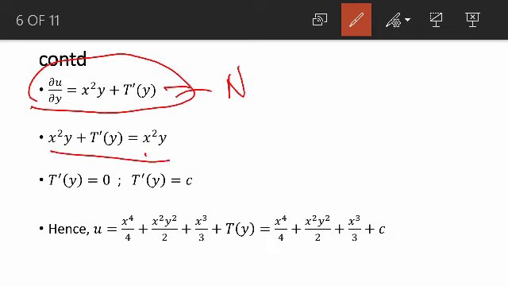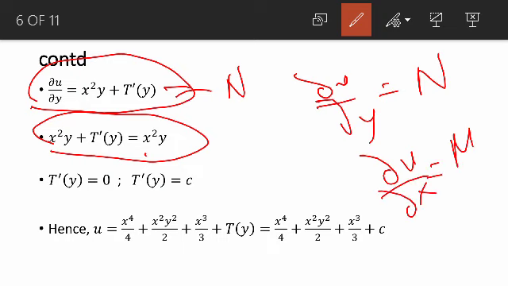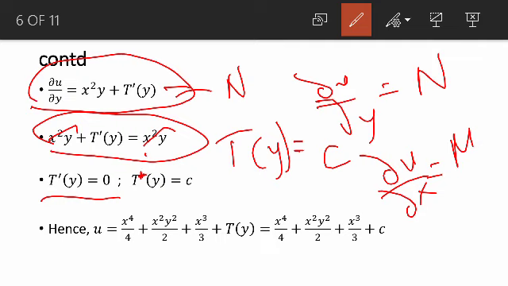So we equate that to x squared y, that means to our N. Remember, du/dy is equal to N, in the same way that du/dx is equal to M. Okay, so we equate that. And when we do that, you can see that x squared y will cancel x squared y. That means t prime y is equal to 0. And if t prime y is 0, it means that t(y) will be the integral of 0. And the integral of 0 will just give us a constant c.